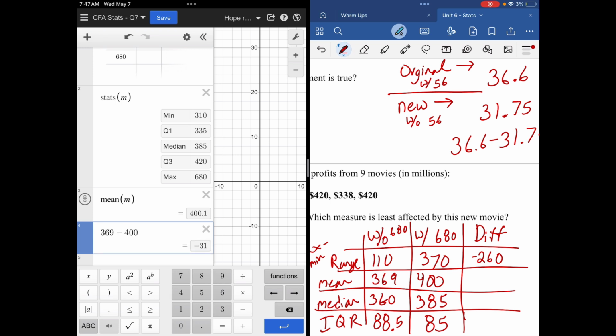So for the mean, 369 minus 400 is negative 31. The median will be 360 minus 385. That gives us negative 25. And then our IQR, 88.5 minus 85, and we get 3.5.